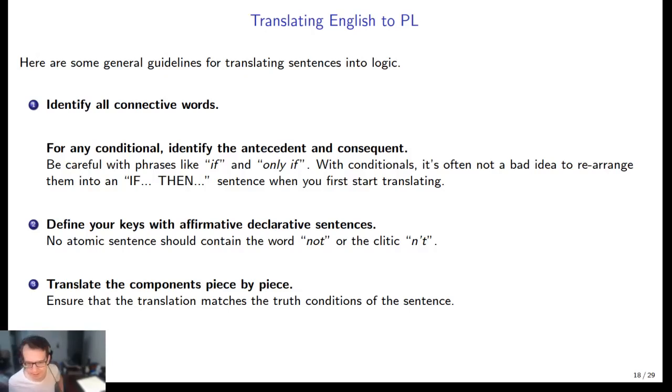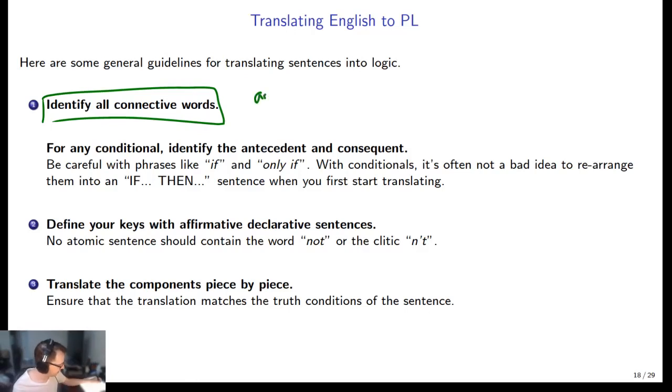So here's some tips for doing this. And you don't need these tips in order to do it. Some of you could probably jump right into sentences and just try your best with all of the things that have been given so far, but here's some tips to start out with. The key thing when looking at English sentences is to identify connective words. So these are your conjunctions and disjunctions and conditionals.